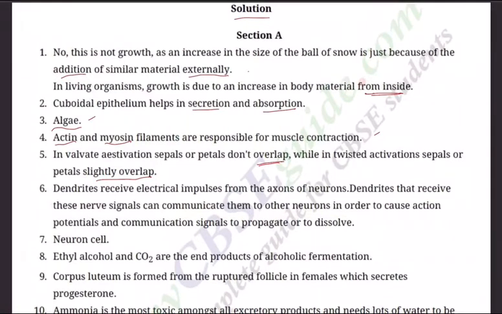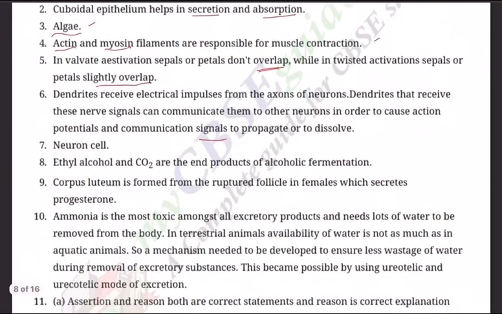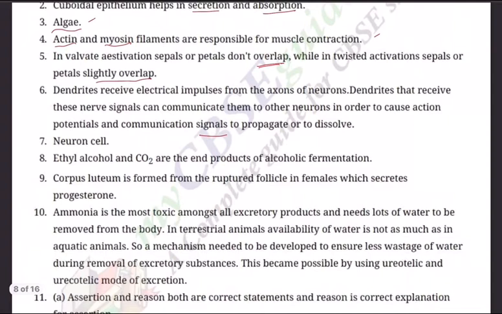What is the function of dendrites in a neuron? Dendrites receive electrical impulses from the axons of neurons. Dendrites that receive these nerve signals can communicate them to other neurons in order to cause action potentials and communication signals to propagate or to dissolve.